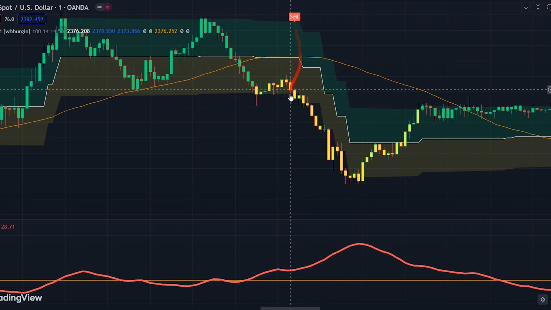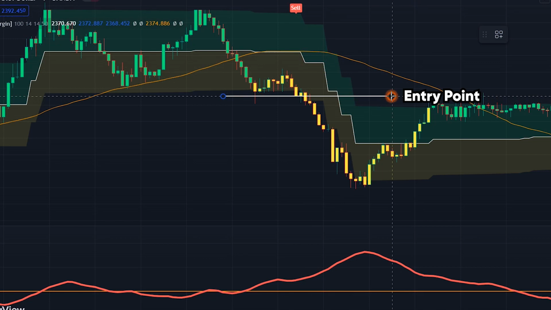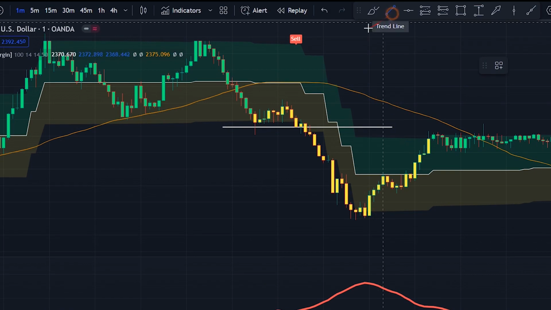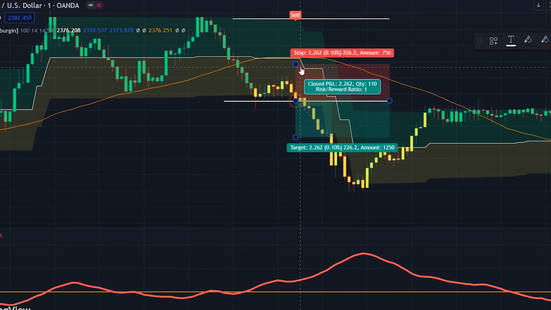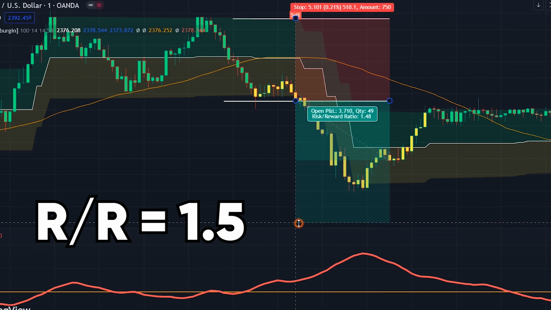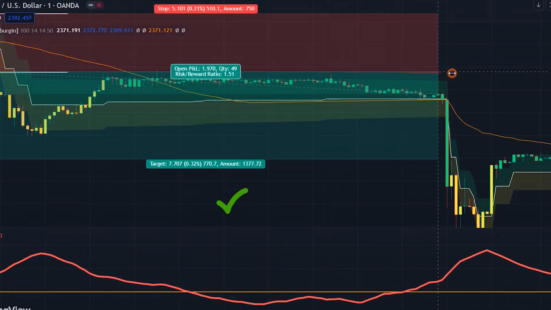We have found the right entry point. We should set our stop loss slightly above the colored cloud of the power trend indicator in this trade. Now, it's enough to consider a risk to reward ratio of 1 to 1.5 for take profit and wait for the trade to close with profit.